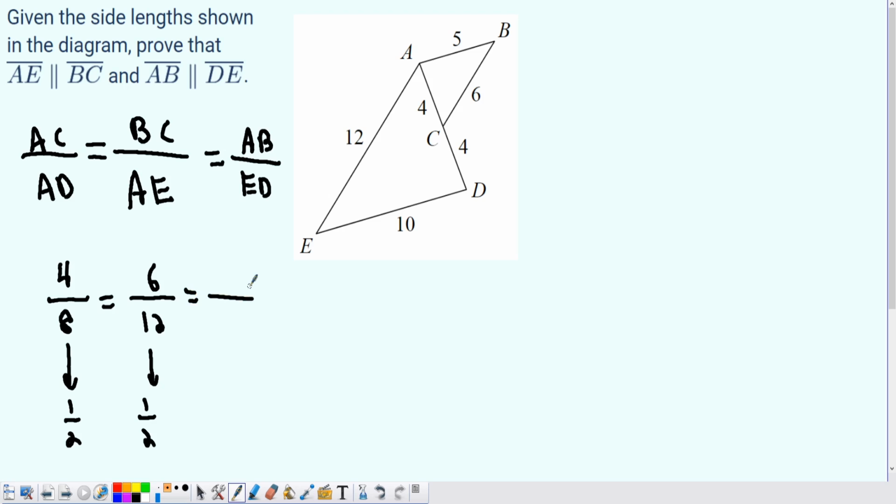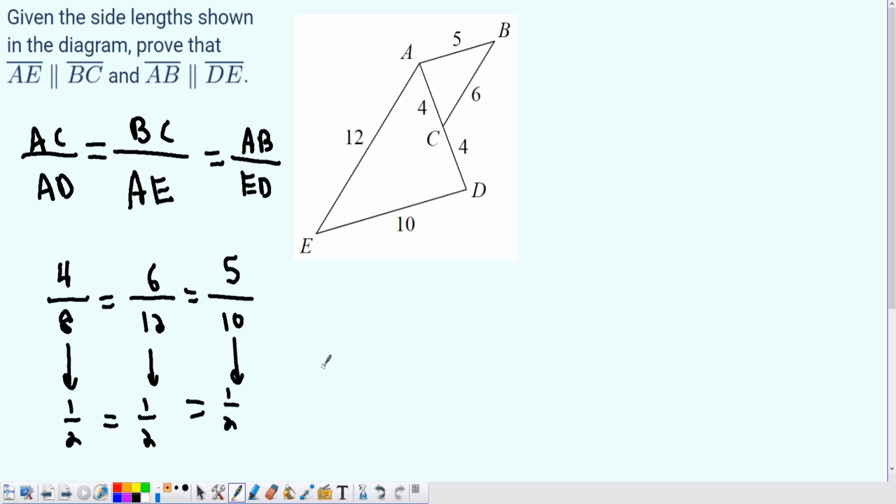However, let's try the last one. AB, which is 5, over ED, 10, and we also get that that's 1/2. All the ratios are the same. All the pairs of sides are proportionate.